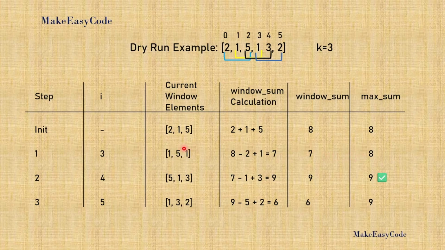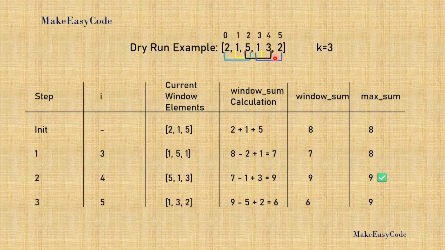The second step, we slide the window again by 1 index. So the new subarray will be 5 1 3, the black color you can see here. We have removed the index 1 and added the index 4.